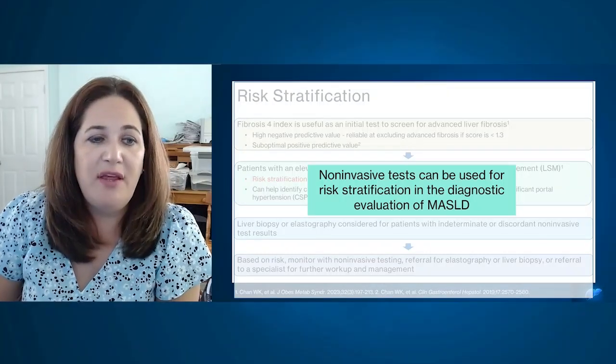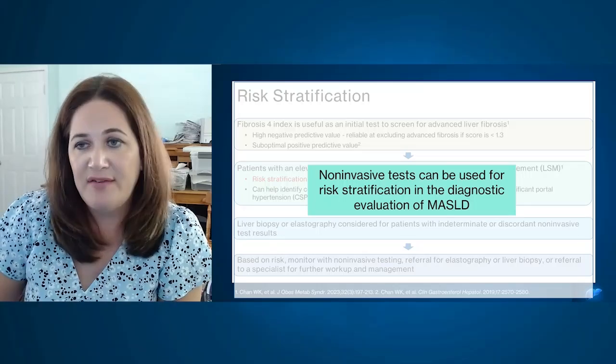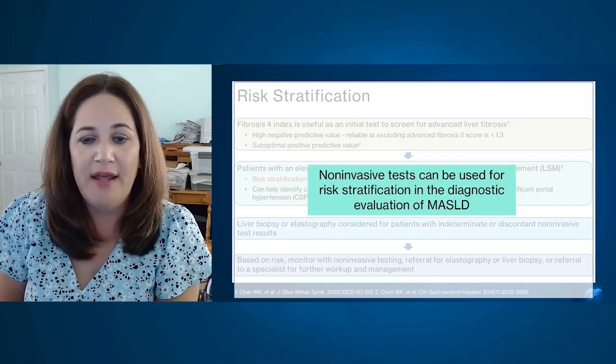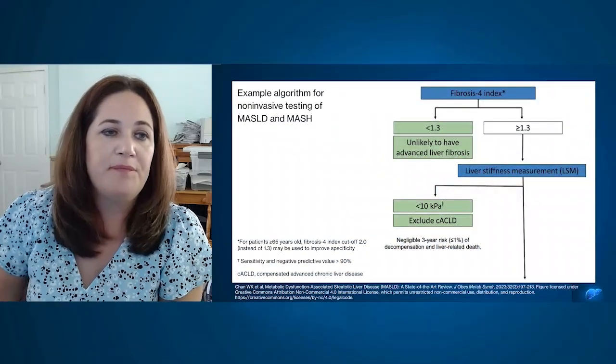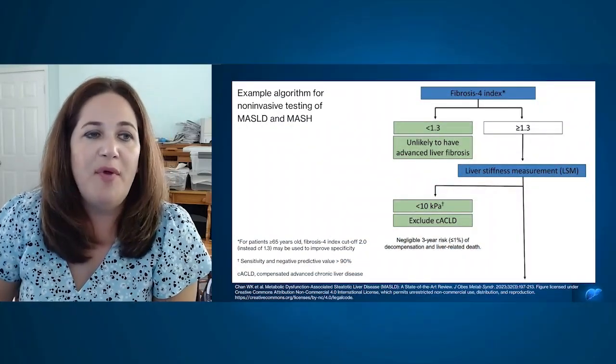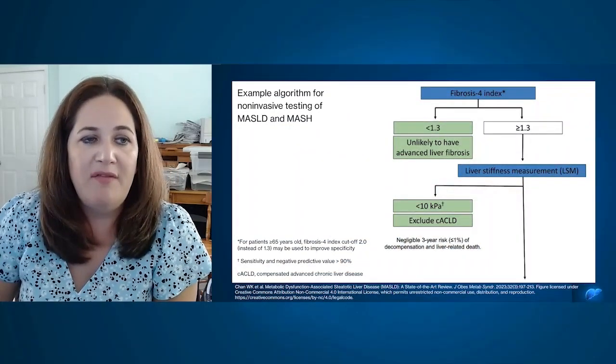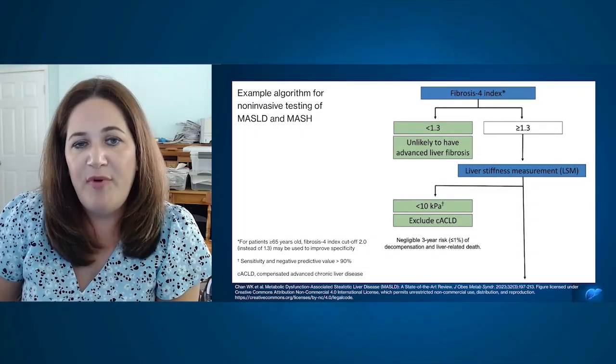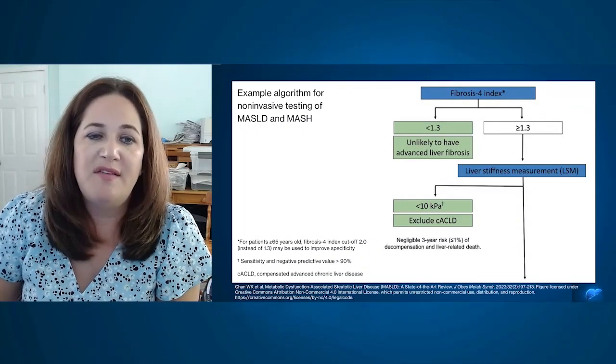Non-invasive tests can be used for risk stratification in the diagnostic evaluation of MASLD, and this is really important to understand for our primary care audience. So here's a simple algorithm looking at that non-invasive testing of MASLD and MASH. So we have the FIB4 index or Fibrosis 4 index here.